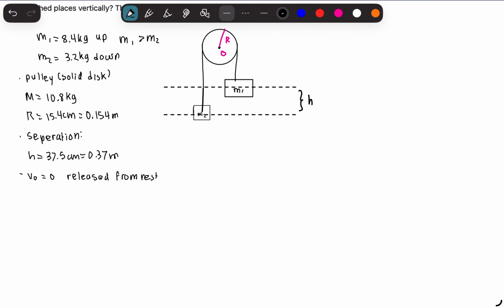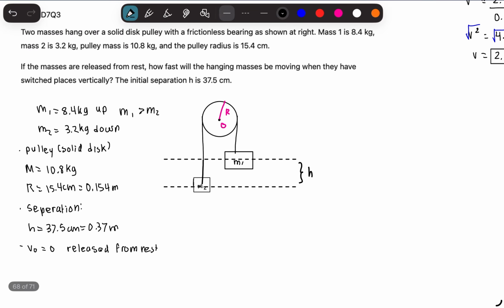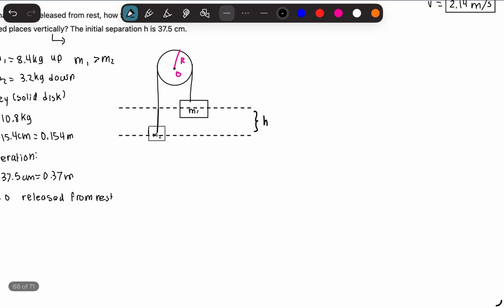So important, we need to know how far does each mass move. By switch places vertically, we know that their initial separation is h.